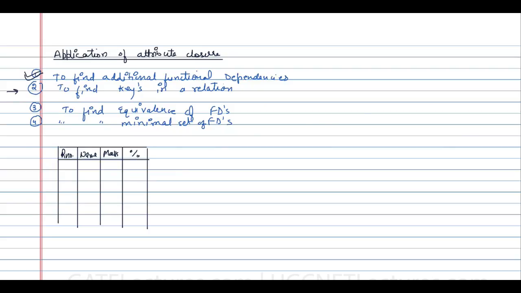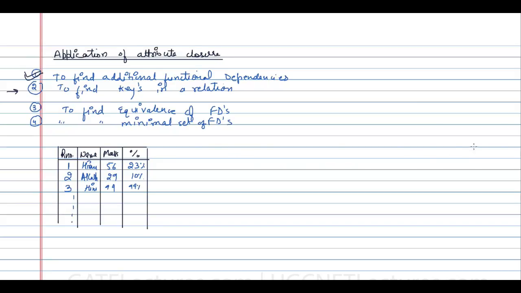Now we can have some data like this: roll number 1, name Himanshu, marks 56, and percentage is 23%. Roll number 2, name Akash, marks 29, percentage is 10%. Roll number 3, name Himanshu, marks 99, percentage is assuming 99% something. We can have some data like this.